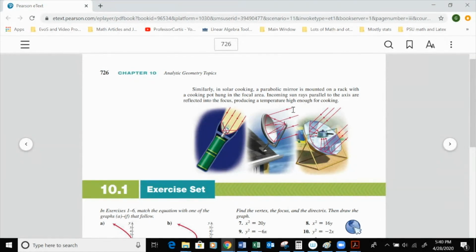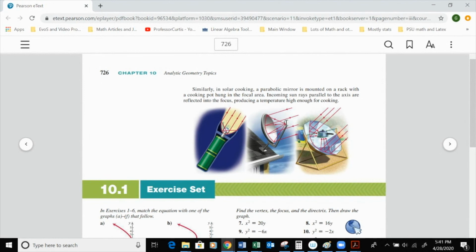So if there are lots of very weak radio waves coming in, they all bounce off the parabola and all hit the focus, which is where the receiver is placed. And so a lot of very weak radio waves from something thousands of miles above us reflects and creates a very strong radio wave focused.